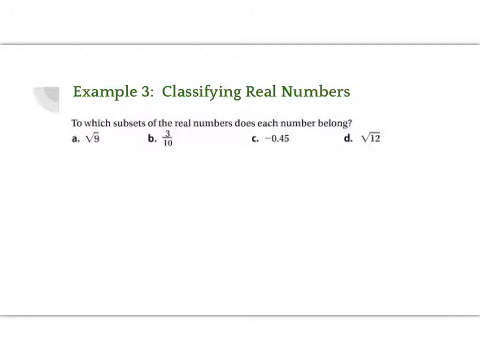In our example, classifying real numbers. To which subsets of the real numbers does each number belong? The square root of 9? Well, 3 times 3 equals 9. So that's just 3. So that'd certainly be a natural number. It'd certainly be a whole number.